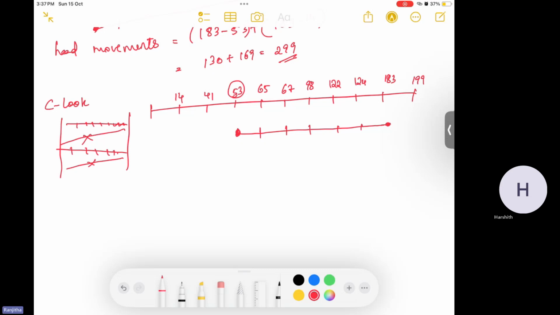Then in the reverse, we come till this point, but in the reverse direction, we will not read anything. We'll come back to 14 and then it will go till 41.